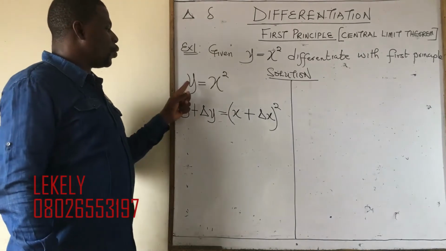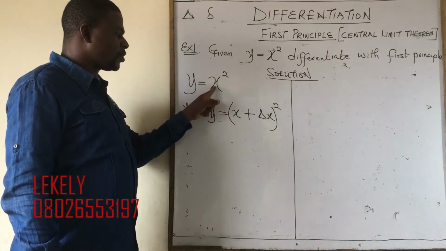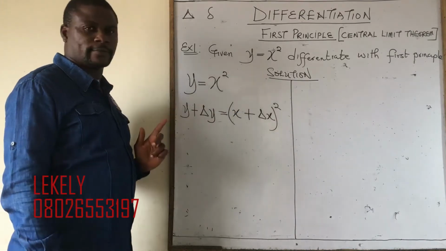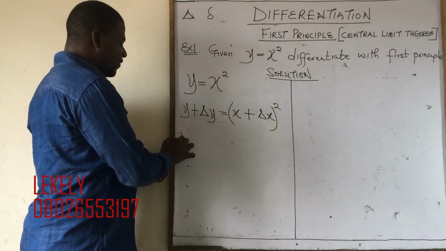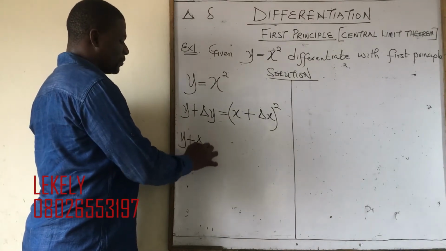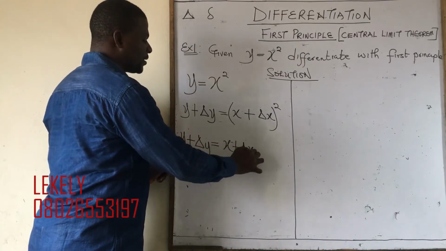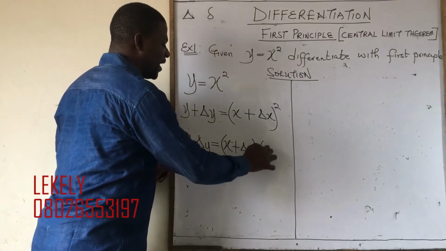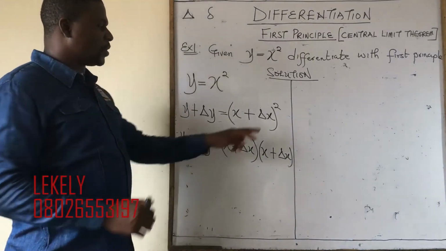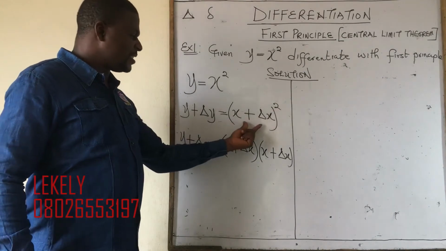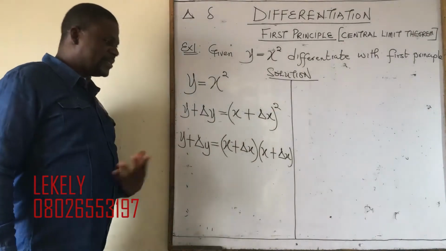So it's like saying y plus change in y is equal to x plus change in x, then you put the square. So then the next thing we have is y plus change in y equals x plus change in x into bracket x plus change in x. Now because this one is having square, it means this thing in 2 places. So this side still remains the same.